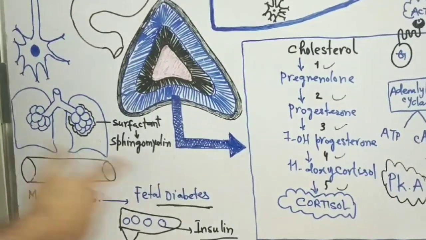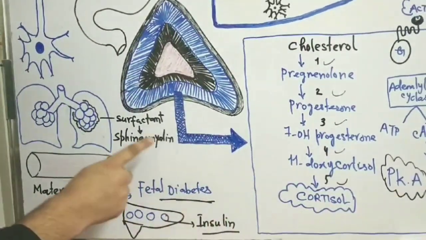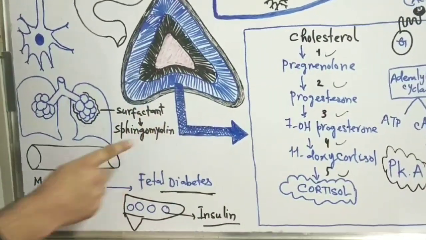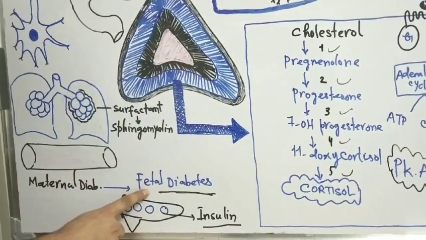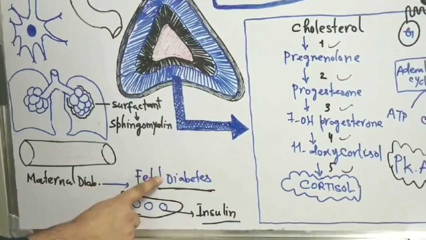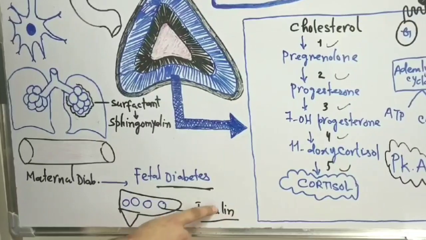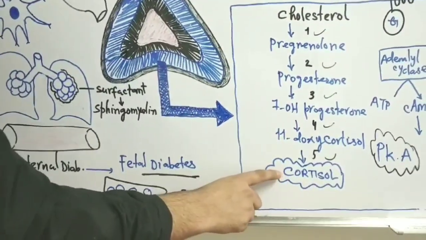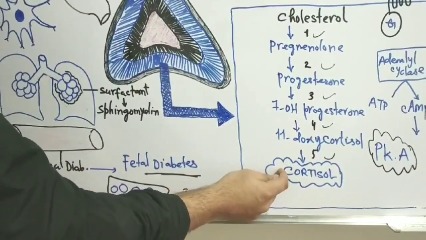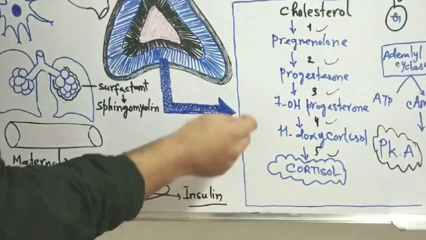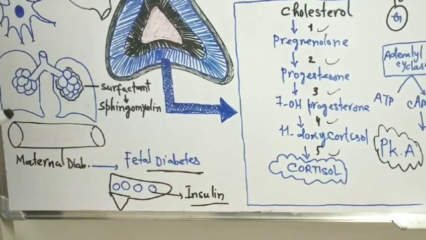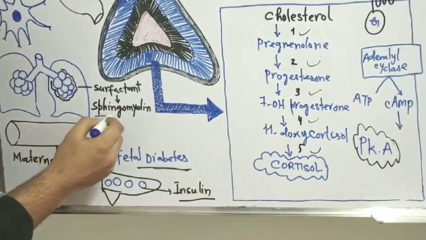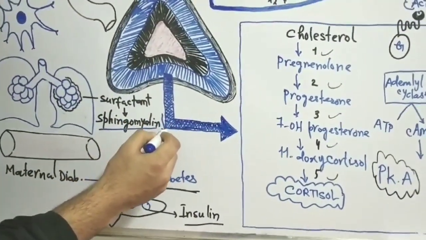This cortisol is responsible for the synthesis of sphingomyelin. Now you can see here, if there is fetal diabetes, insulin will antagonize the cortisol and cortisol will no more work. When there is low cortisol, sphingomyelin will also be less.